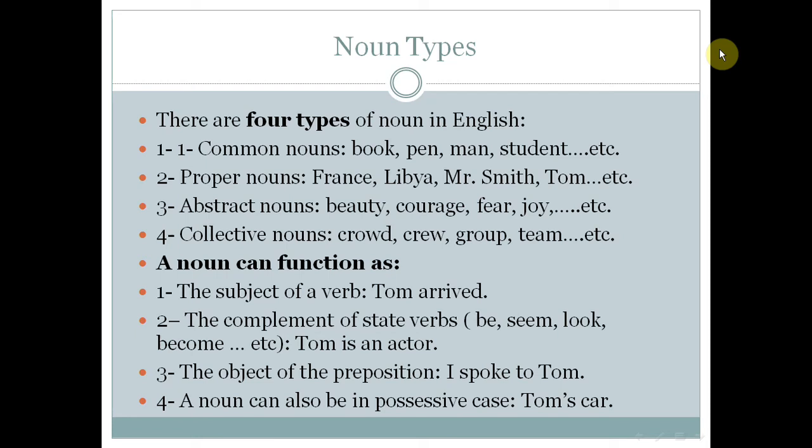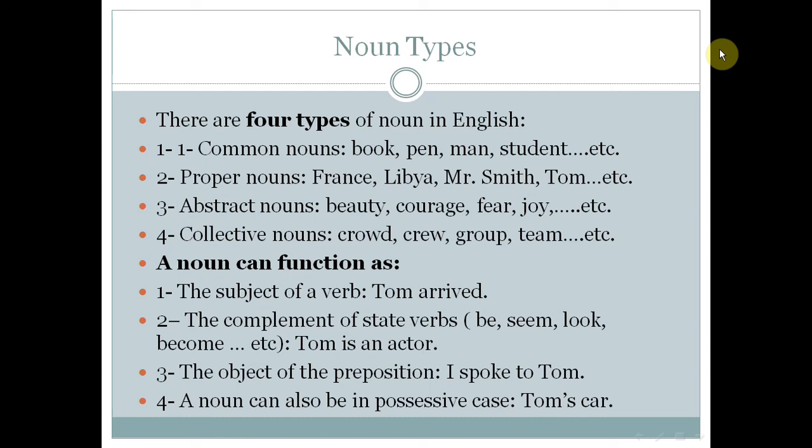Number 2, a noun can function as the complement of state verbs. When we studied present simple, present continuous, past simple, and past continuous, we had many slides talking about state verbs. Verbs that describe a state, not an action, like be, seem, look, become, appear.